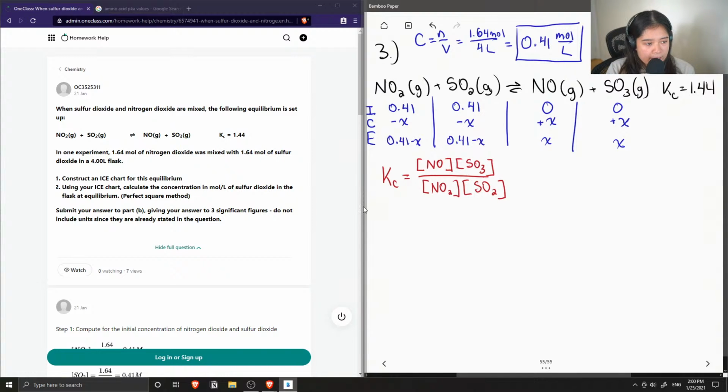Okay, so now that we have an expression for Kc, we can plug in all the values that are given. So we know Kc is equal to 1.44. And we know that the concentration of both of our products is equal to x. So x times x is just x squared. And the concentrations of our reactants are both 0.41 minus x.